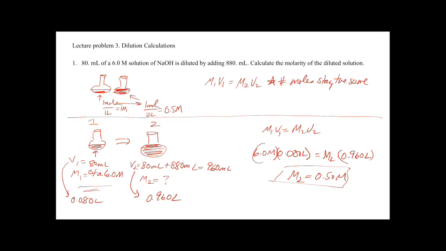So remember, with dilution problems, the tell in these problems is that you're taking a certain solution, typically it'll be a volume and a concentration, and then you're doing something to that solution where you're changing the volume. The big thing with dilution calculations is typically these are a change in volume.